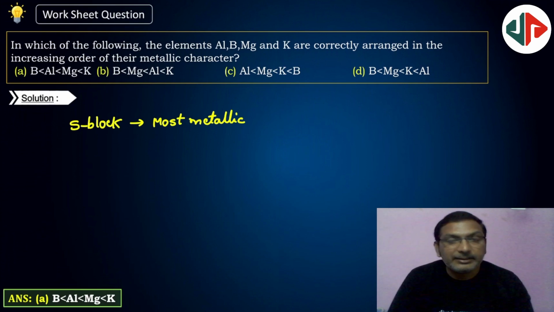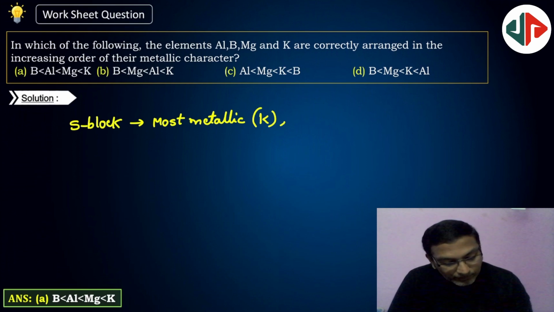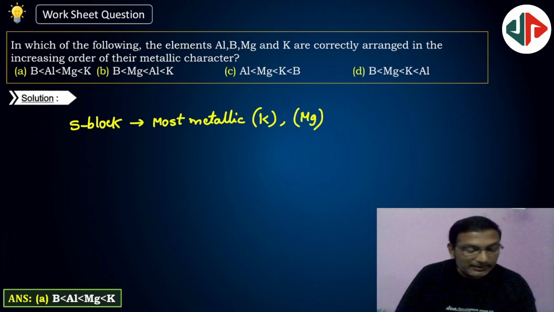In the given elements, potassium and magnesium are s block elements and most metallic.